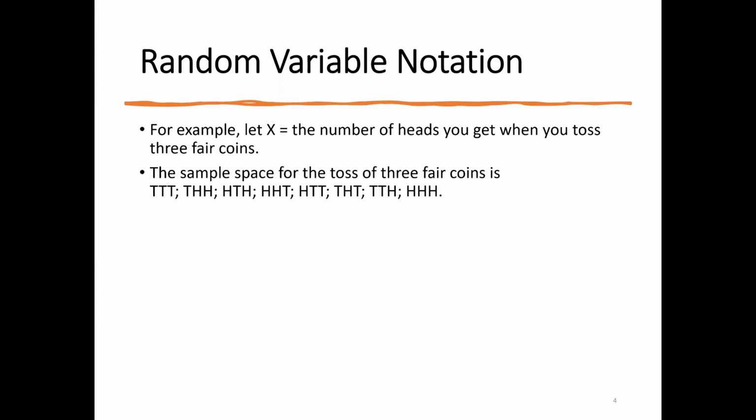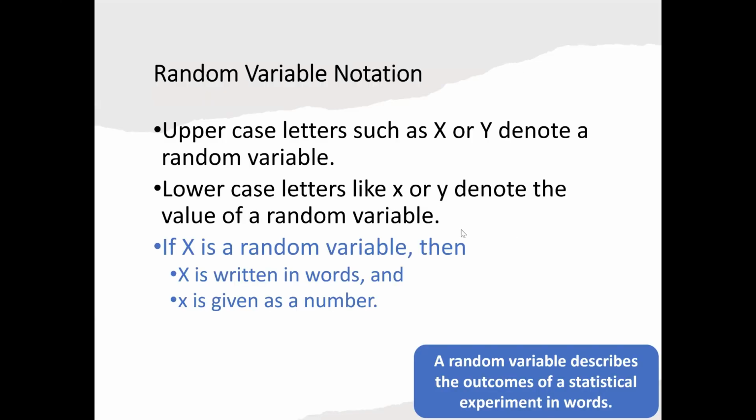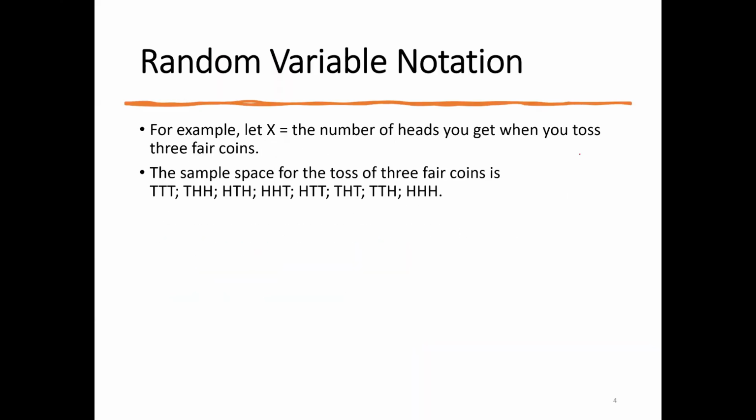And you could find this sample space by doing a tree diagram. If you didn't get it just by looking at it, you could certainly do a tree diagram. So you could say something like, on the first coin, I could get a head or a tail. And on the second, I could get a head or a tail, head or a tail.